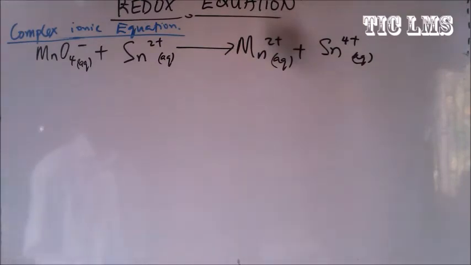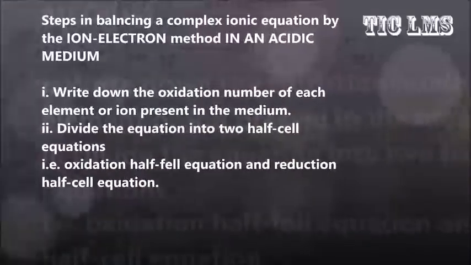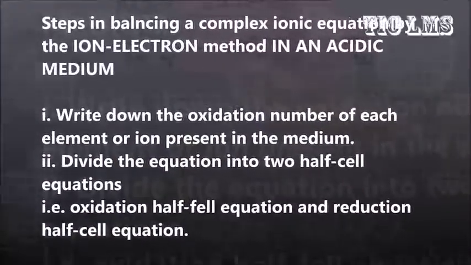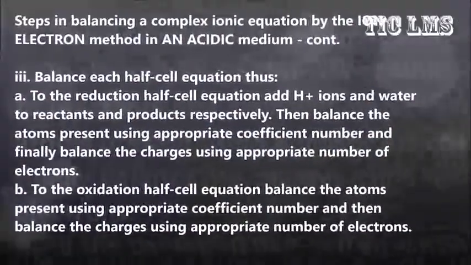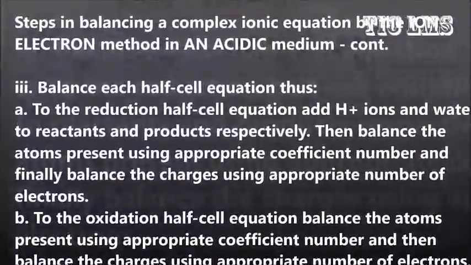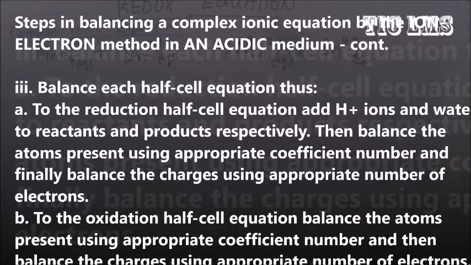We have steps that need to be considered. So these are the steps quickly. We have to write down the oxidation number of each of the elements or ions present. Then we have to divide the equation into two half-cell equations, that is the oxidation half-cell and the reduction half-cell. And then we have to balance each half-cell equation. To the reduction half-cell equation, we add hydrogen ion and water to reactants and products respectively. Then we balance the atoms present using appropriate coefficients, and finally we balance the charges using the appropriate number of electrons.